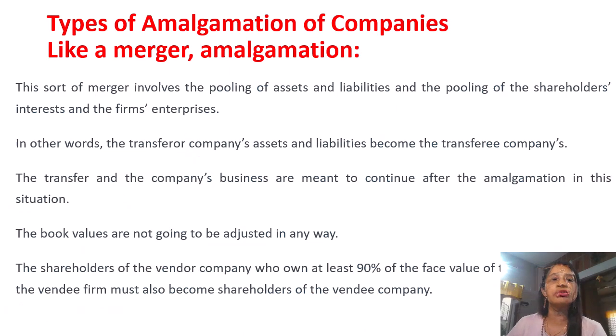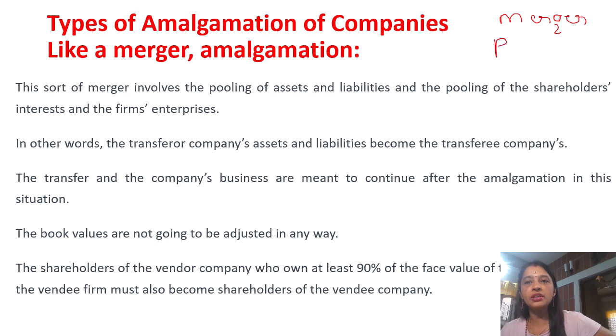When we talk about the types of amalgamation, there are basically two types. One is amalgamation in the nature of merger. Another one is amalgamation in the nature of purchase.